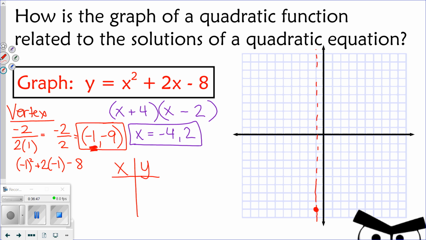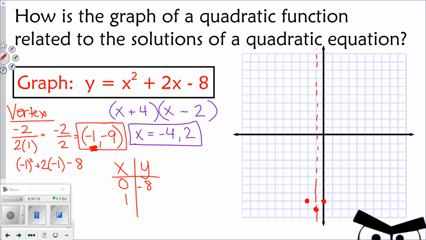What are you going to plug in for x? 0 and 1. It's always just the next ones after that. Let's put in a 0. And what do we get? -8. So 0 and -8.